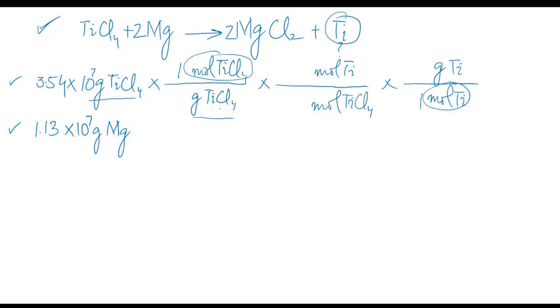TiCl4. Titanium mass is 48. You can calculate. 48 plus 35.5 multiplied by 4. It is 71, 142, 190 gram. So 190. Yes? 190.